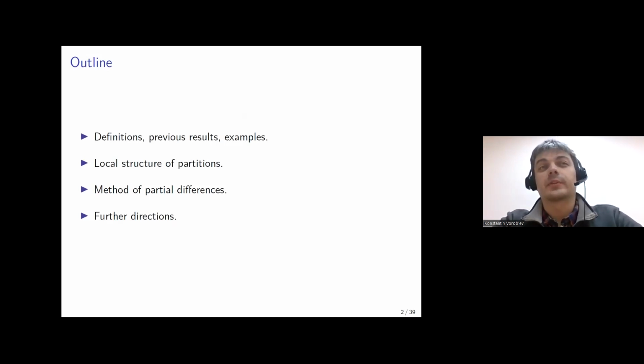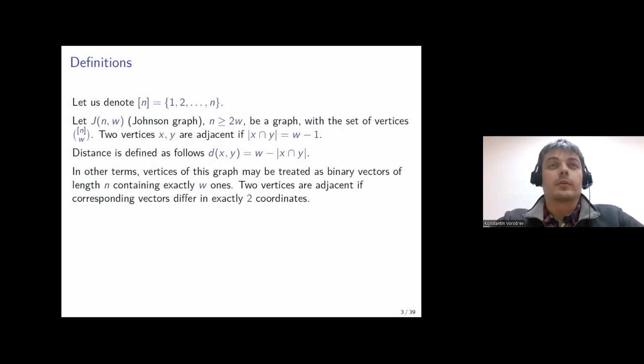The first one is based on the local structure of partitions, and the second one is based on so-called partial differences in Johnson graphs. And I will finish with some discussion on further directions.